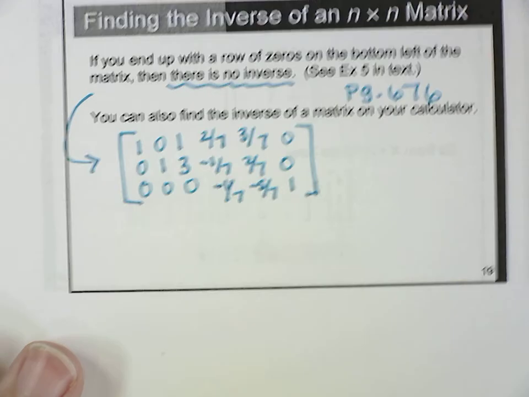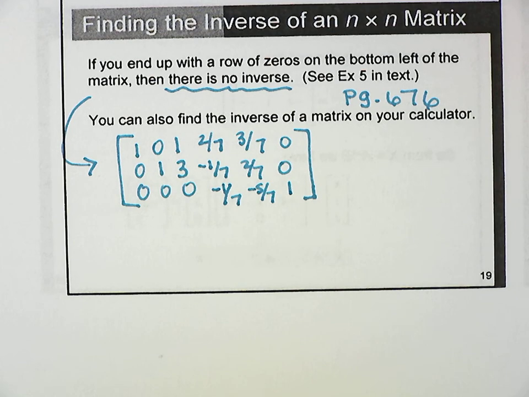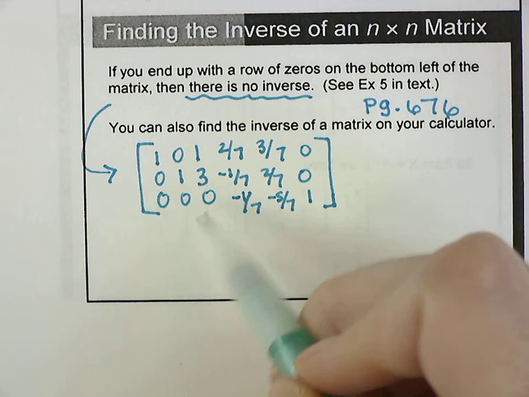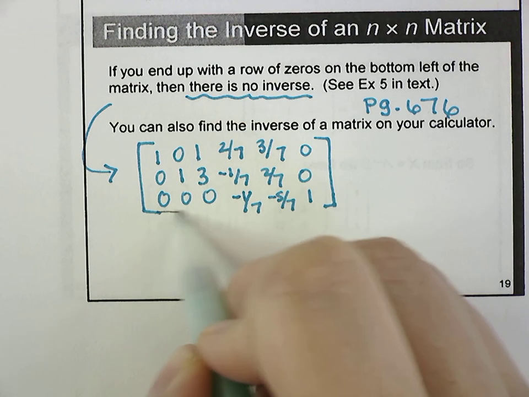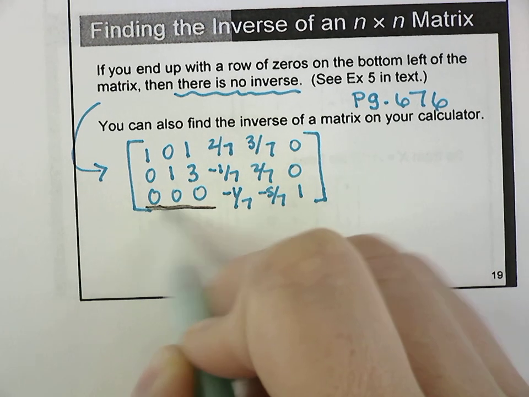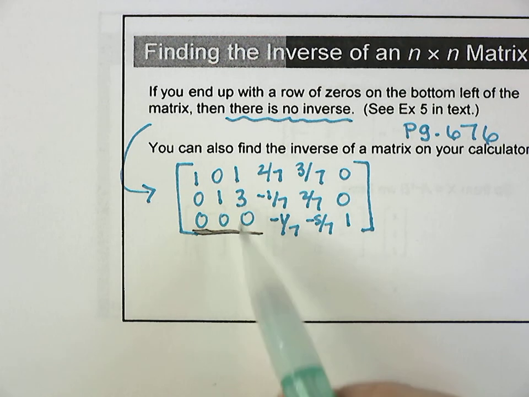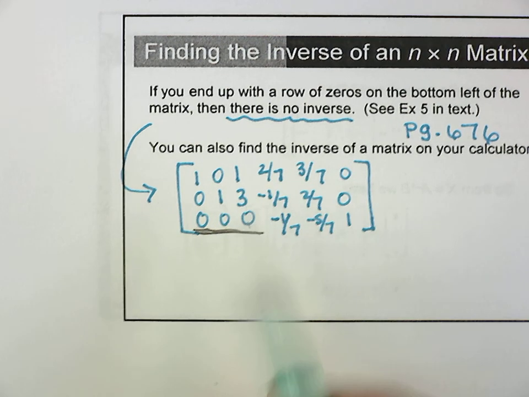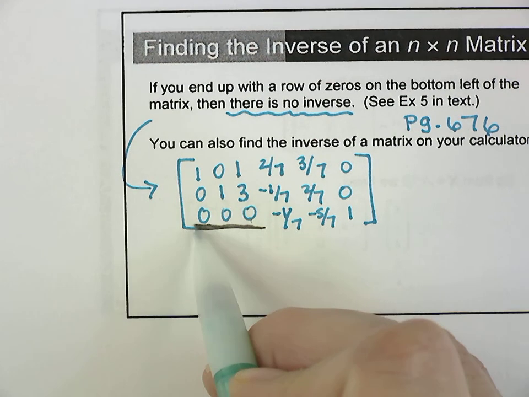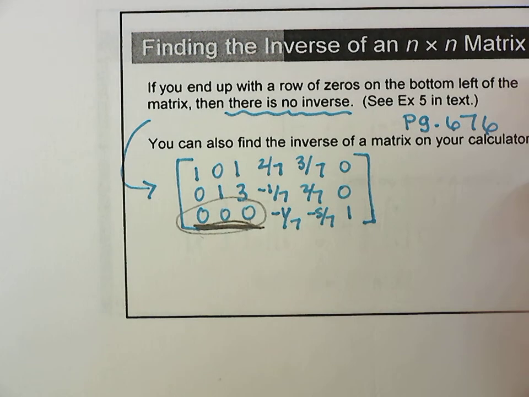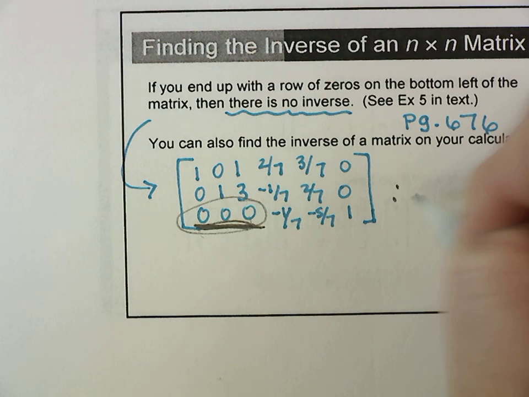Okay, so let's say that you manipulated, you got the 1, 0, 0, 0, 1, 0, and then this happens, where you have these 3 zeros on the bottom. Now, there's nothing I can multiply by here to get this to be a 1. This 0, 0, 0 situation, if that happens, that means there's no inverse.